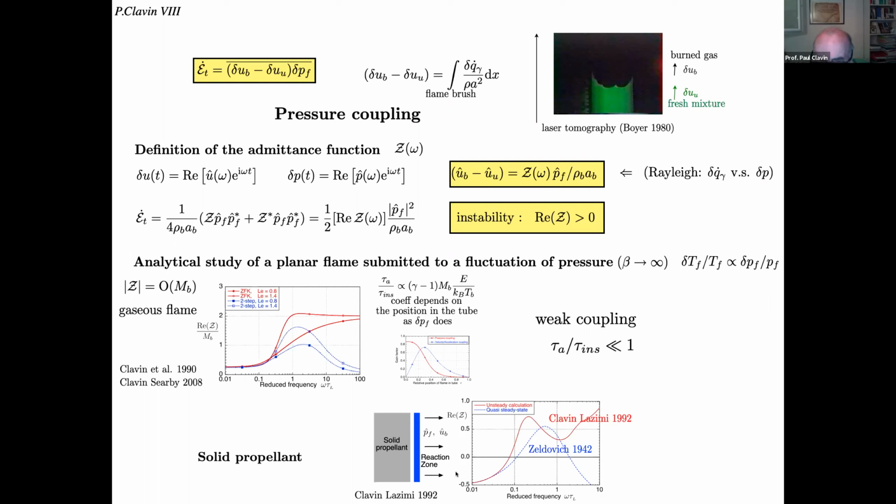And it turns out that this was considered by Zeldovich very early, but he was considering the combustion inside the flame as quasi-steady. And it turns out that this is not useful. Much more dangerous is the unsteady dynamics of the flame structure.